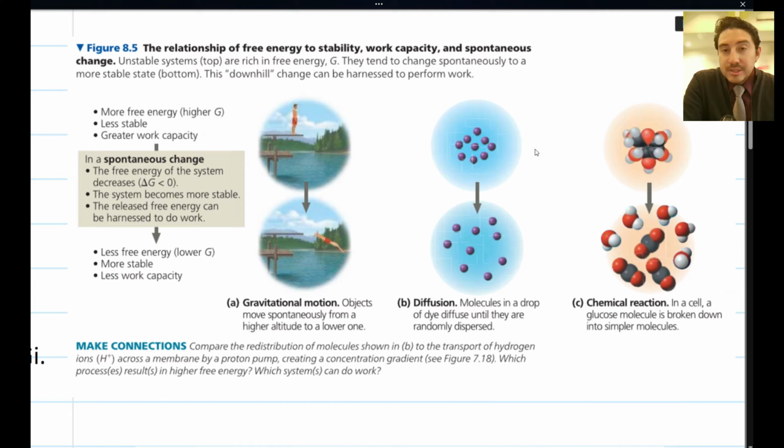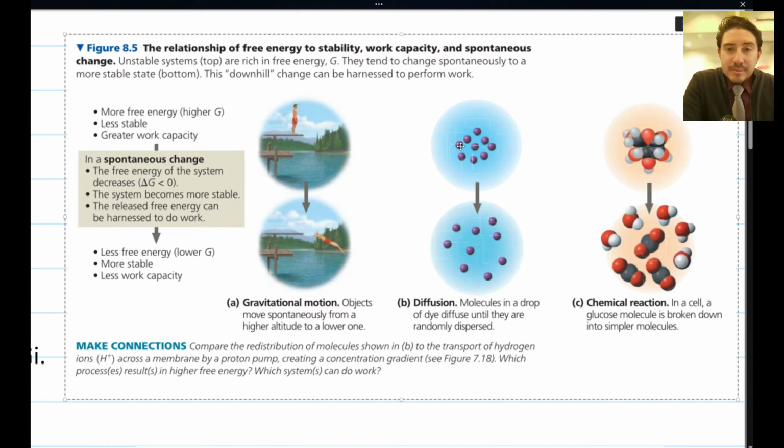The same happens in diffusion at the molecule level. Let's say you have a drop of dye in water. You have a concentrated area of particles. As the particles are very tight together, you have less stability and more free energy. After a while, the particles will diffuse and spread out until you have stability in the environment.